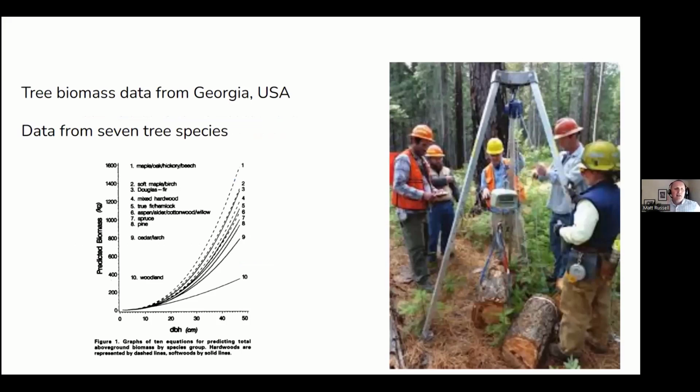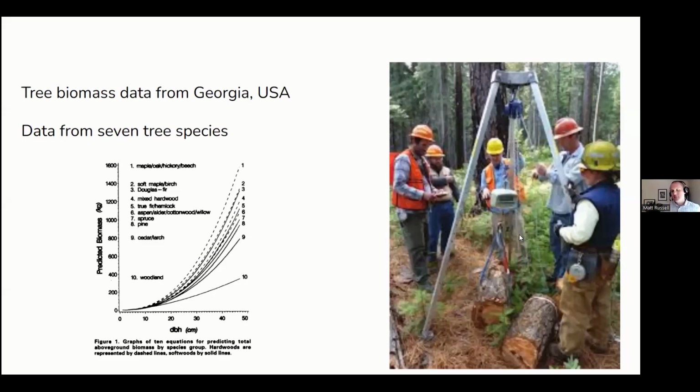Just a little more background on the data set we're going to use. These are tree biomass data collected from Georgia in the United States, in the southeastern part of the state. We'll have a look at the data in a minute. These are tree biomass values, so they felled the trees and then weighed them.